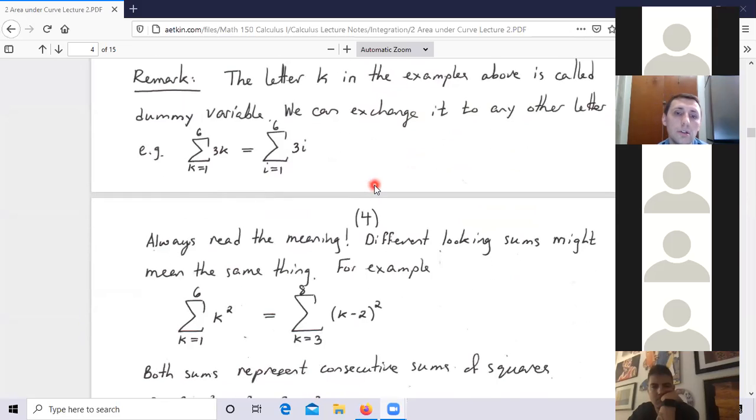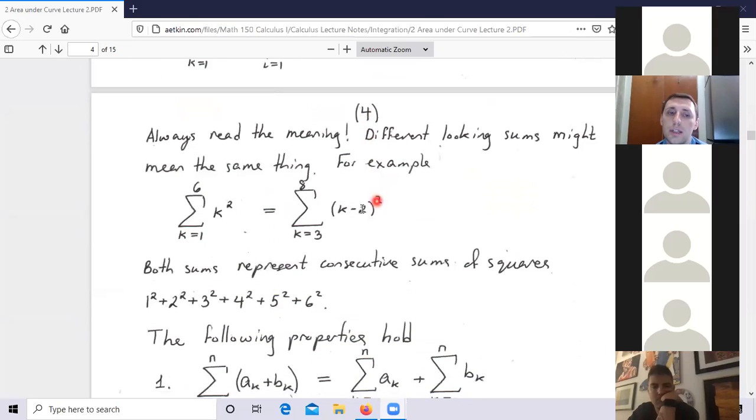Now, always think about the meaning. I can write the summation k equal to 1 to 6 of k squared, or I can write the summation k equal to 3 to 8 of k minus 2 squared. It means exactly the same thing, because 3 minus 2 is 1, 4 minus 2 is 2, 5 minus 2 is 3, and onwards, 8 minus 2 is 6.